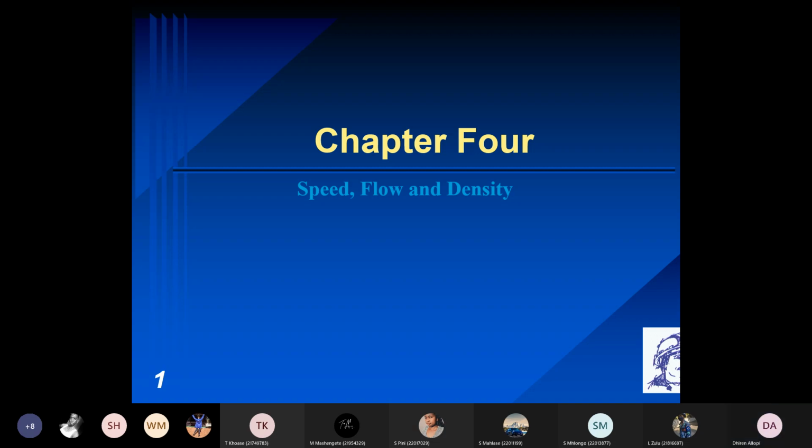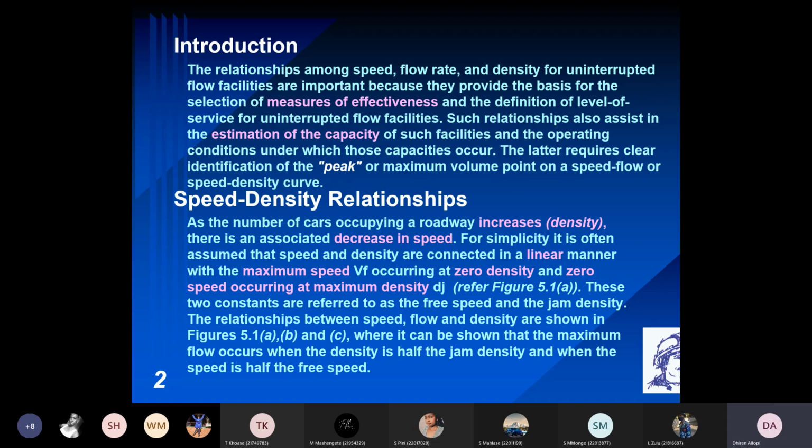Chapter 4, Speed, Flow and Density. Okay, so we're on to chapter 4, the relationship amongst speed, flow and density. If you look at the brief introduction, you will see the relationship amongst these elements of speed, flow and density.